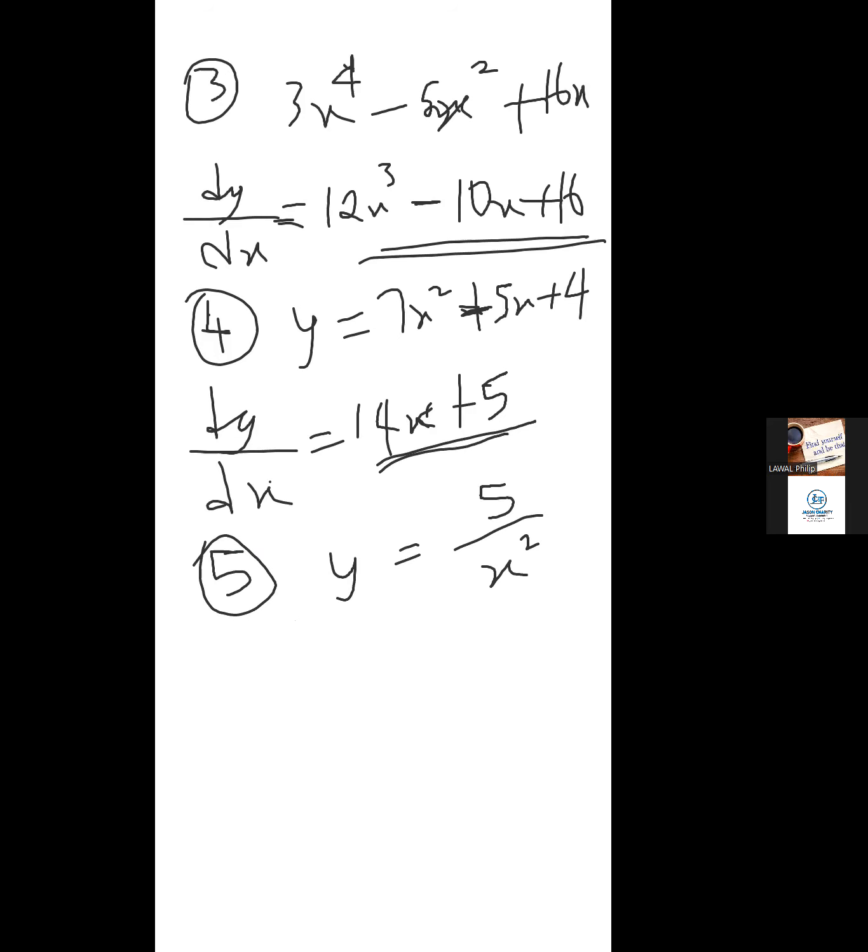When you have something like this, you are going to write it in a linear format. Linear format, you still remember law of indices. So I can write it as y equal to 5 times 1 over x square, which is the same thing as 5x raised to power minus 2. Then it makes it look linear.